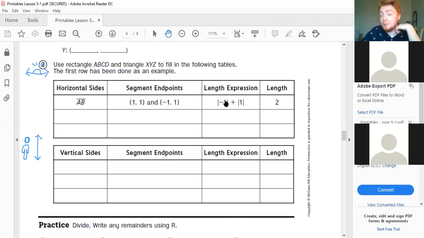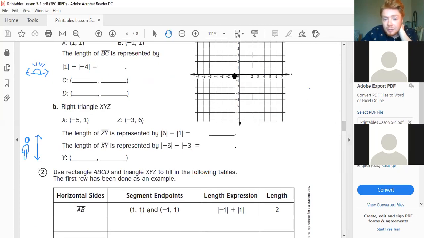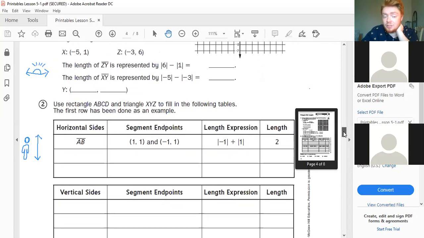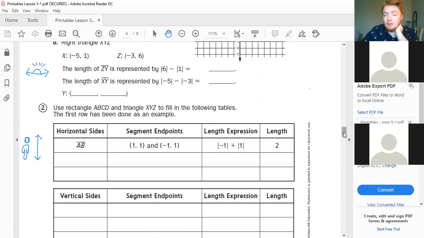Because the absolute value of negative 1 is 1, and the absolute value of 1 is 1. You add them, you get a positive 2, which meant they were 2 spaces away. So we went 1, 2. That also helps us make sure we do the right thing.